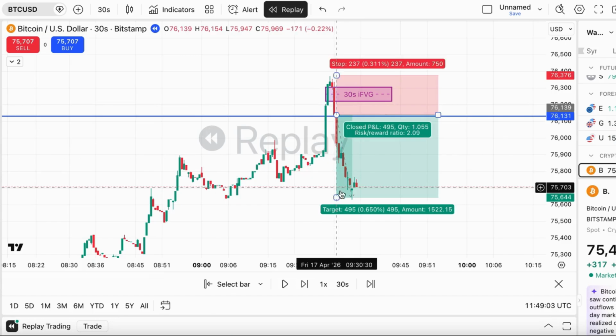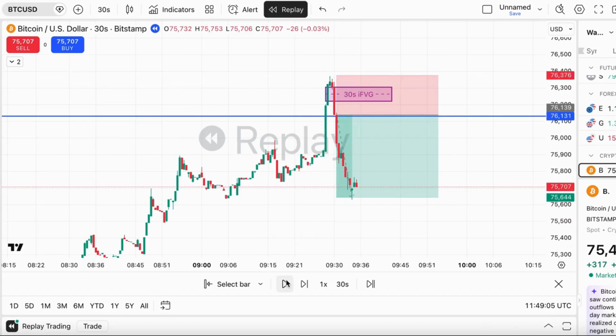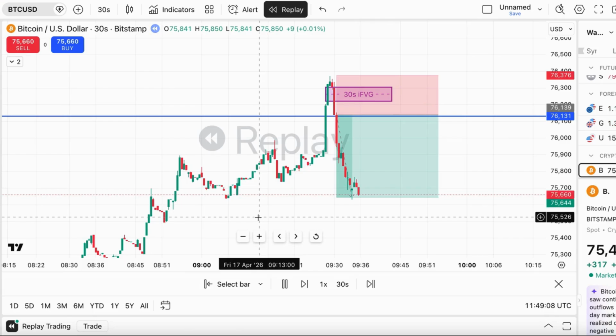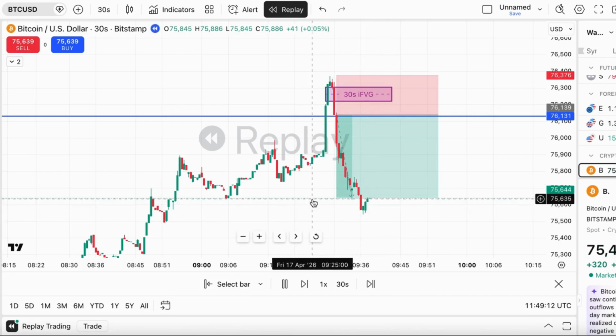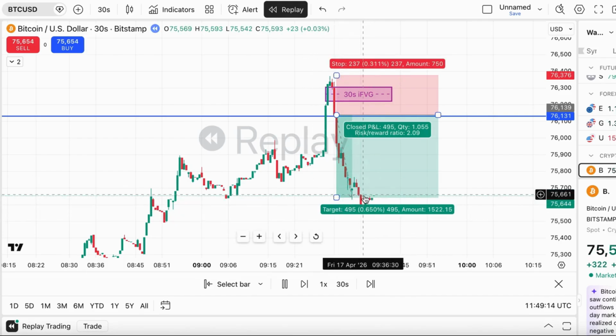You can reach for lower levels. And what we can see now from these levels is it forms more FVGs. Another FVG formed here. What happens? It's going to retest it. Boom.